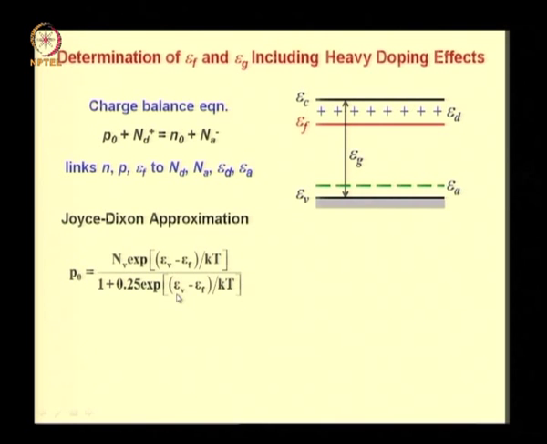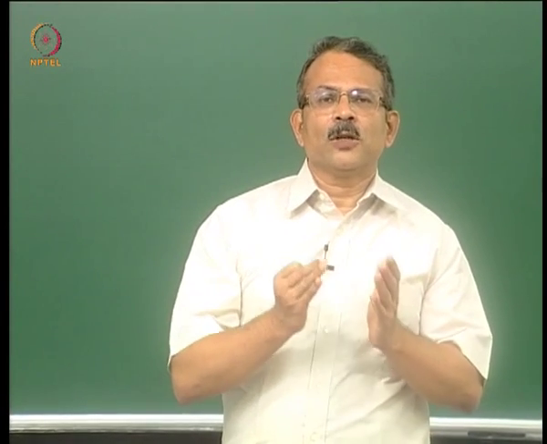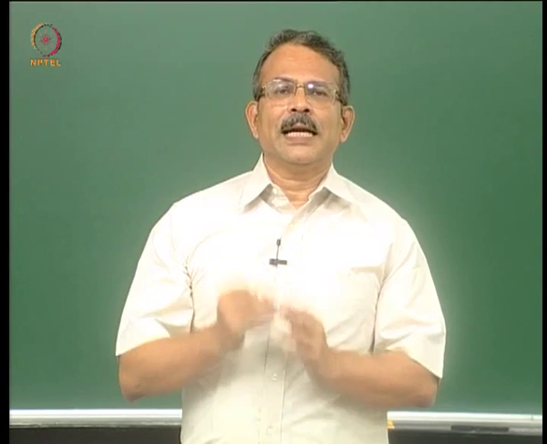Whereas for example, when Ef becomes equal to Ev for heavy doping, in such a case p0 becomes equal to Nv by 1.25, whereas the Boltzmann approximation will only give you Nv. So there is almost a 25% error due to expression based on Boltzmann approximation when the doping is heavy and Ef is at Ev.